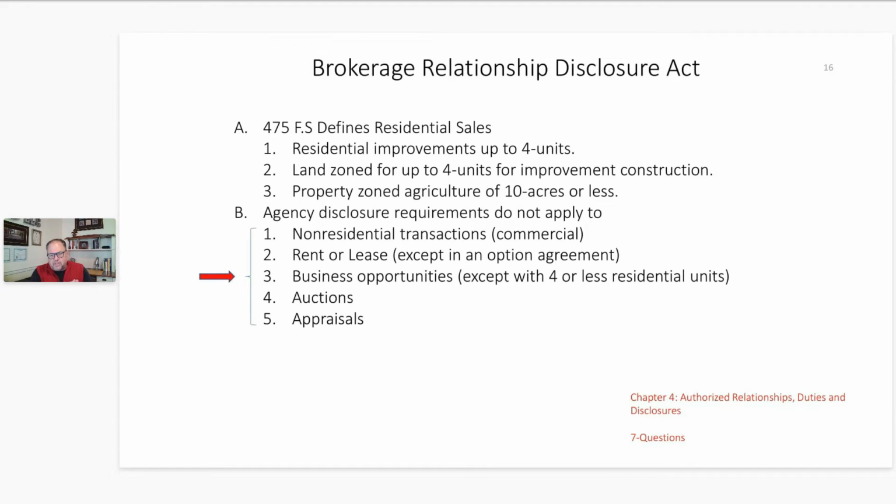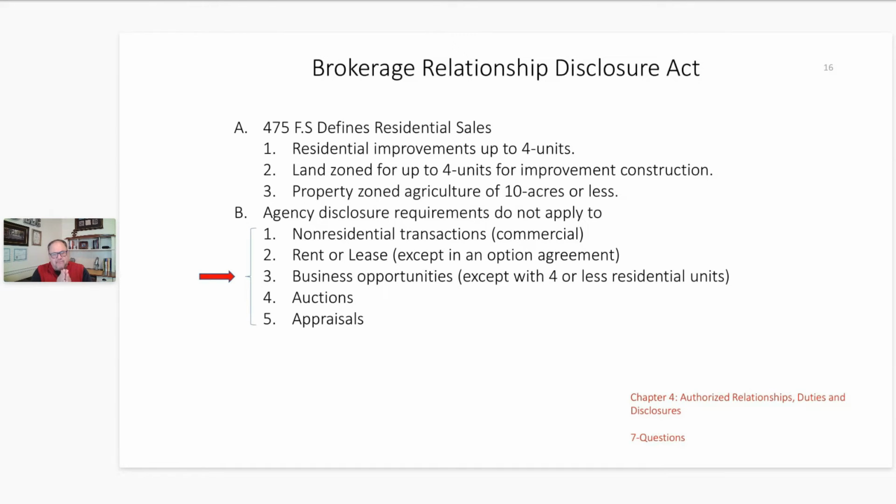Residential improvements up to 4 units. Single family, duplex, triplex, fourplex. Land zoned for up to 4 units of new construction. So raw land, but it's got to be zoned residential for up to 4 units. And then property zoned for agriculture of 10 acres or less.